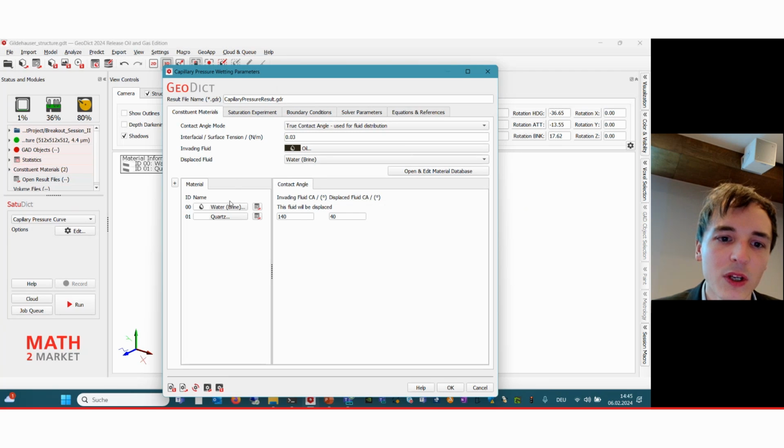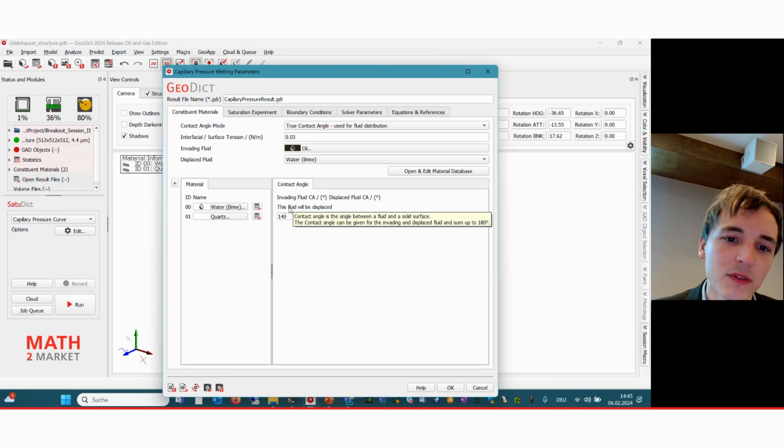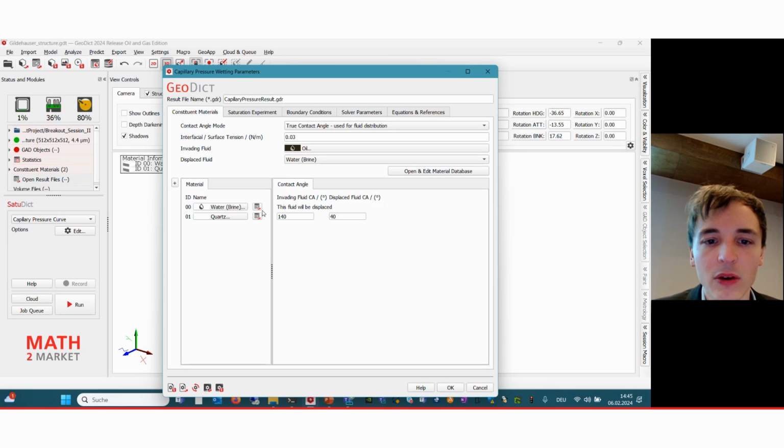So in that case now, we have water that is saturating the structure by 100%. And SatuDict automatically detects that this fluid will be displaced, as I already chose that the invading fluid would be oil. Now I have to assign a contact angle for the oil on the quartz surface compared to water.